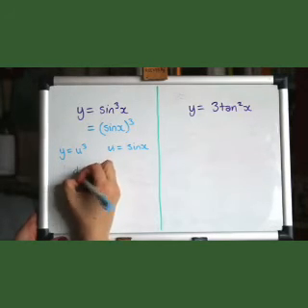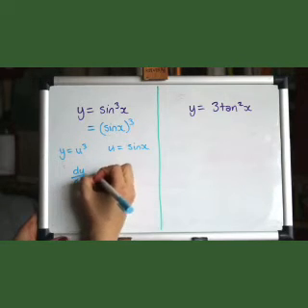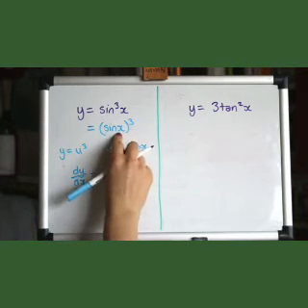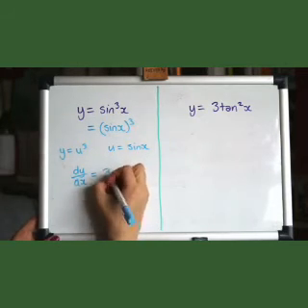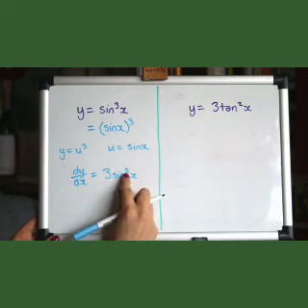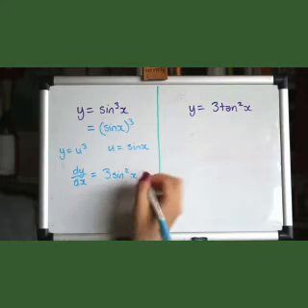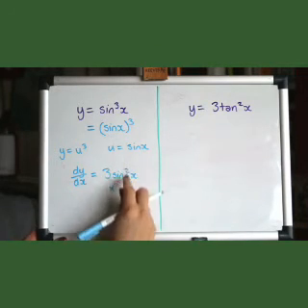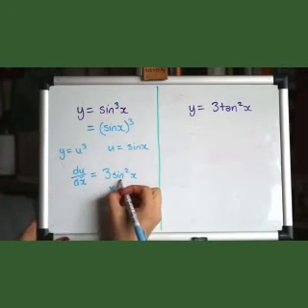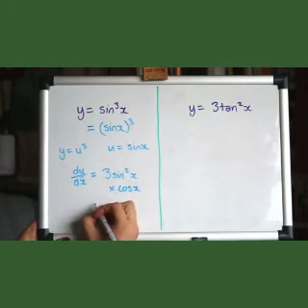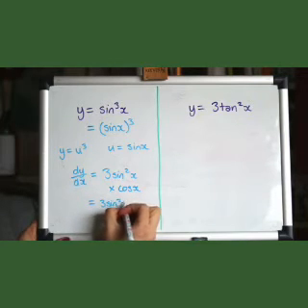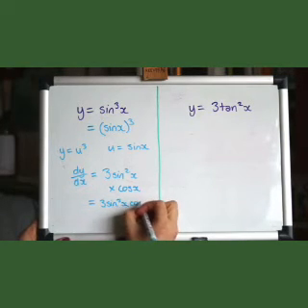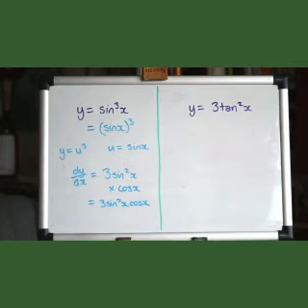Remember to write dy by dx to start, and we're differentiating the outer function, so it'd be 3 something squared. Just going to put the squared back where we normally write it, and we're going to multiply by the derivative of the inner function, so that would be cos here, and I'll just write that all in one long expression.